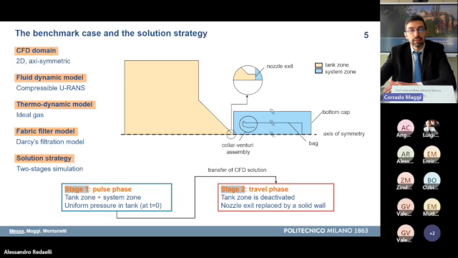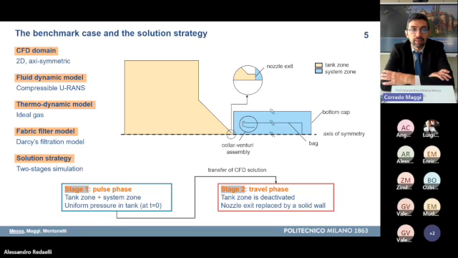Then there is the collar Venturi assembly, the filter bag, and the cap at the bottom of the tank and part of the surrounding environment. The benchmark case is axisymmetric, and therefore use was made of a 2D axisymmetric model, which allows saving considerable amount of computational time without affecting too much the accuracy for the scope of the project.